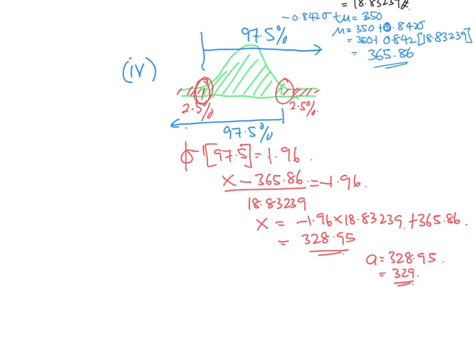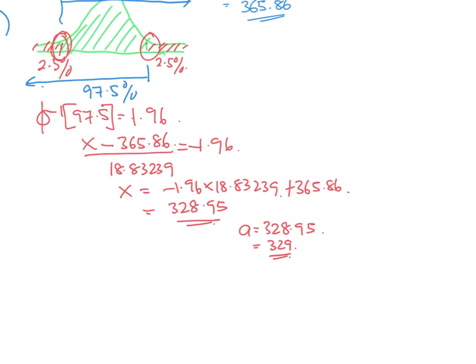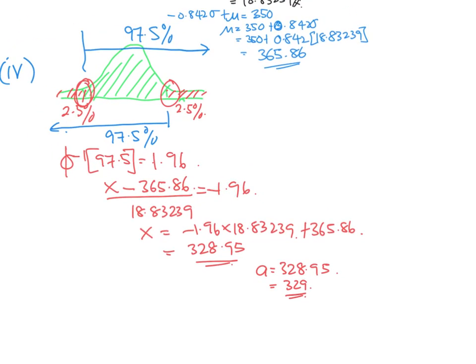Whereas for the right-hand side value, we use the same value, but instead of minus, we use plus. I'll change color. So this is positive 1.96. For the B value, positive 1.96 equals x minus 365.86 over 18.83239.